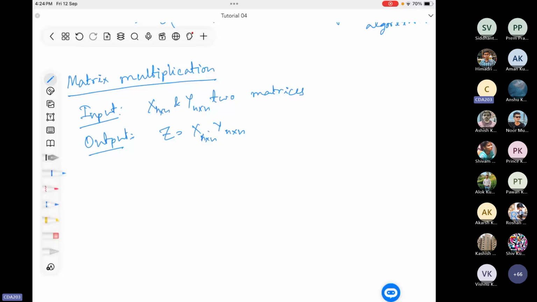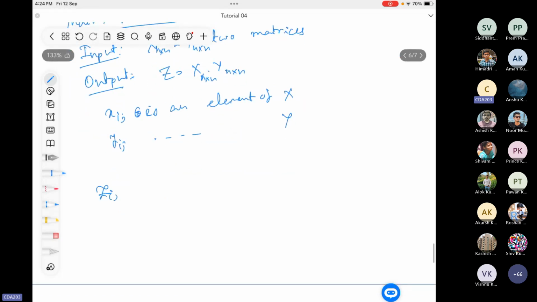Let's say we denote an element of X as Xij, and Yij is an element of Y. So what is Zij?